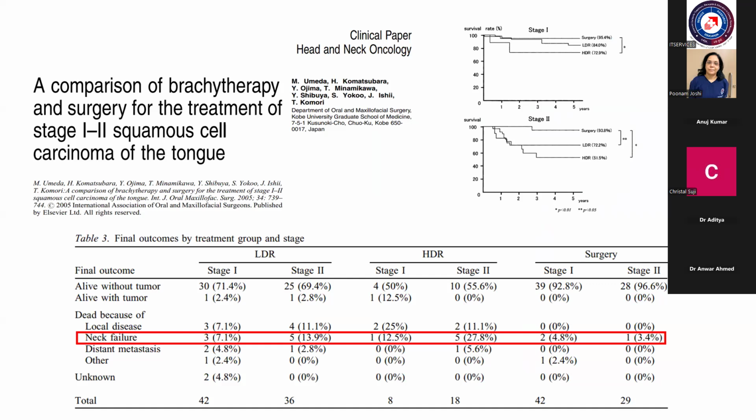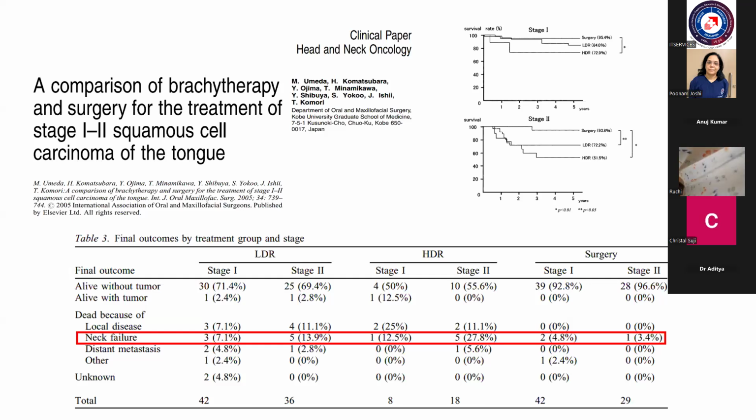Because of the rich lymphatic supply, we should always keep in mind that such patients may have nodal failures later on, for any local treatment that we do. So in this paper, it was seen that with surgery, the neck nodal failures were much less as compared to brachytherapy.